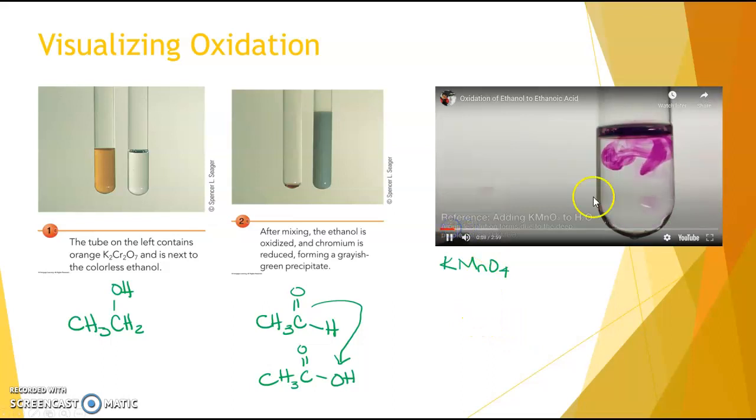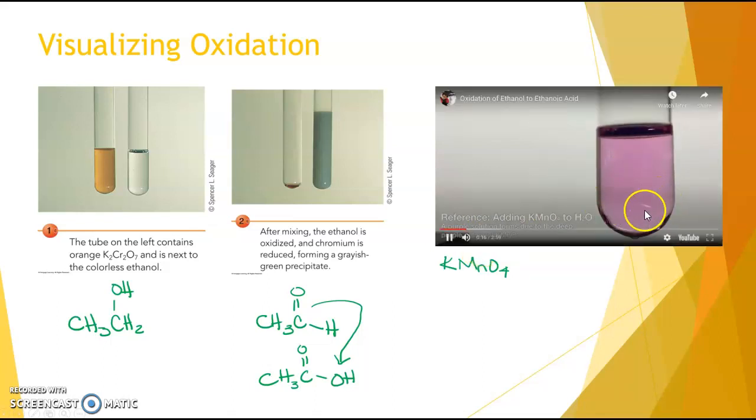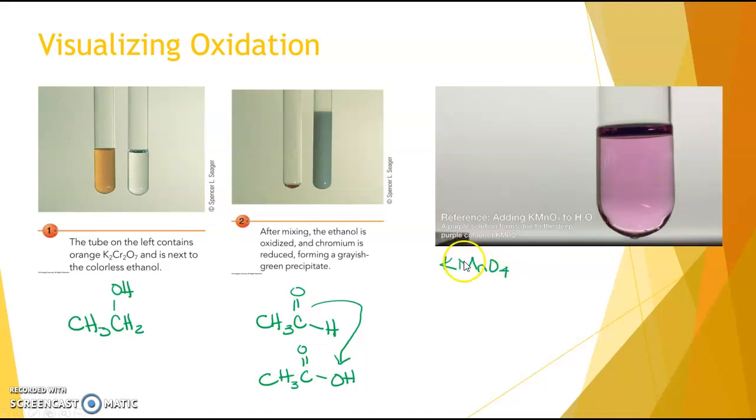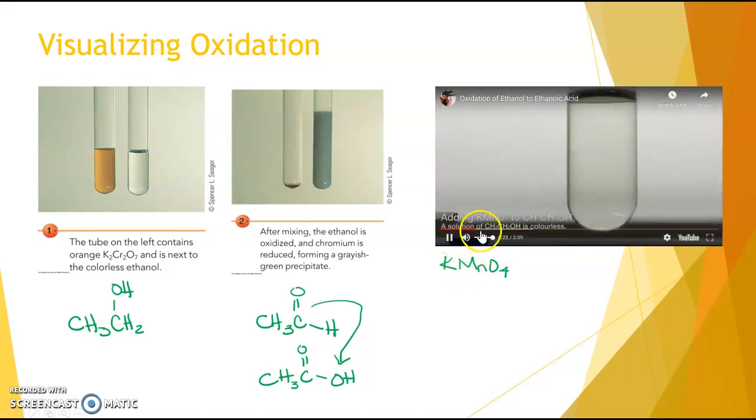So here we have potassium permanganate being added to water. You can see, as a control group, that it turned purple because potassium permanganate happens to be a really very pretty purple substance.